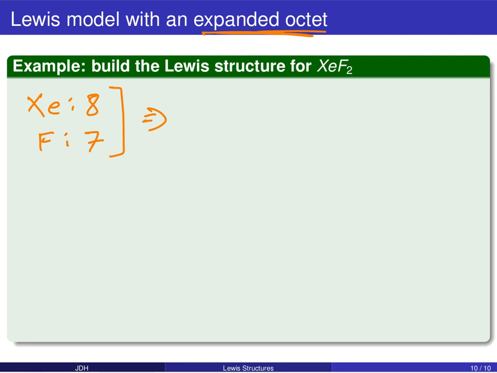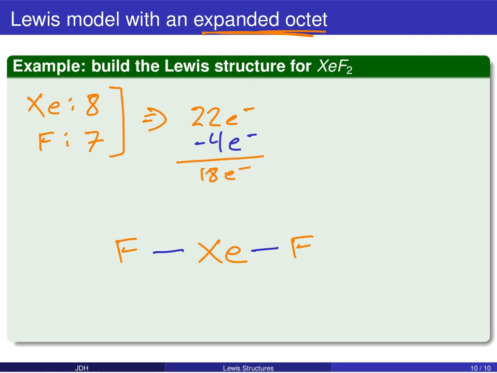Adding it all up, 14 plus 8 gives us a total of 22 valence electrons. We're going to put the more electropositive xenon in the middle, fluorines on the outside, and add in our bonding electrons. That uses up 4 electrons and leaves us with a total of 18 electrons left over.